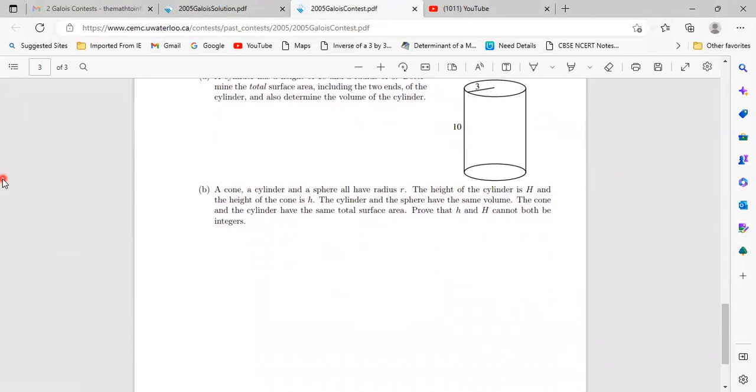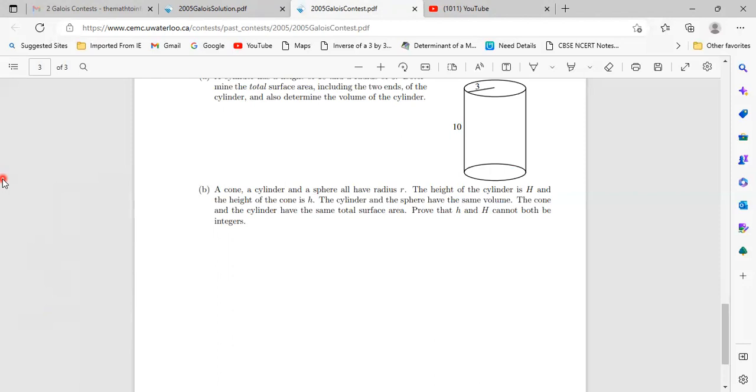A cone, a cylinder, a sphere all have radius r. The height of the cylinder is capital H and height of the cone is small h. The cylinder and the sphere have the same volume, which means pi r square H. And what is the formula for the volume of the sphere?